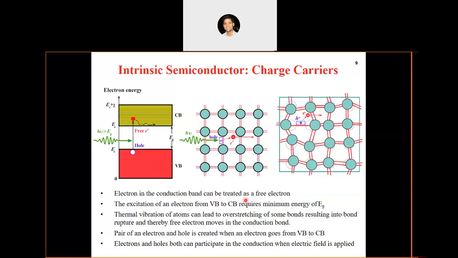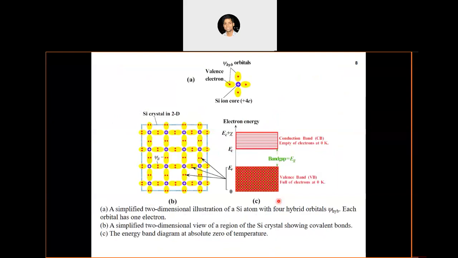Electrons in the conduction band can be treated as free electrons which can participate in the electrical conduction. There was a question: how does electron affinity depend on the length of the conduction band? It does not depend on the length of the conduction band, it depends on the height of the conduction band.